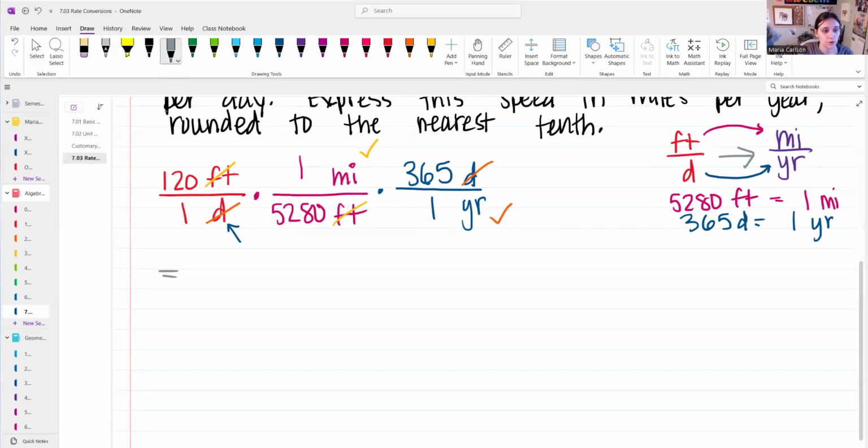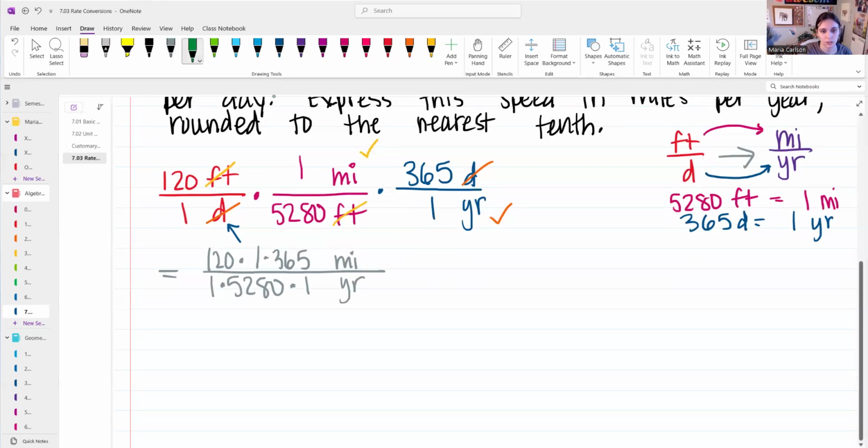Recall when we work on these problems, you really just are going to multiply across the top here. So I have 120 times 1 times 365, and this is in terms of miles. And then in the denominator, we have 1 times 5,280 times 1, and that is years.